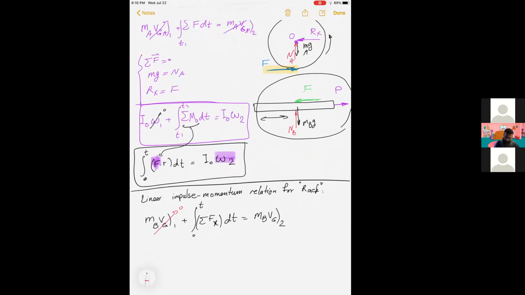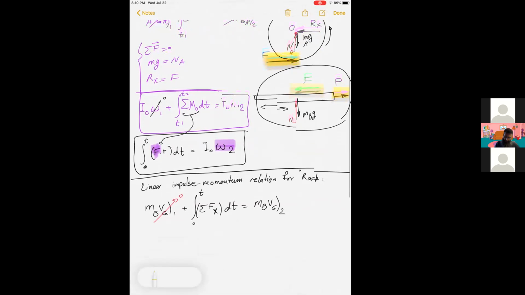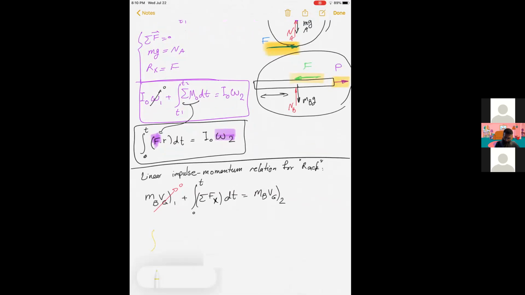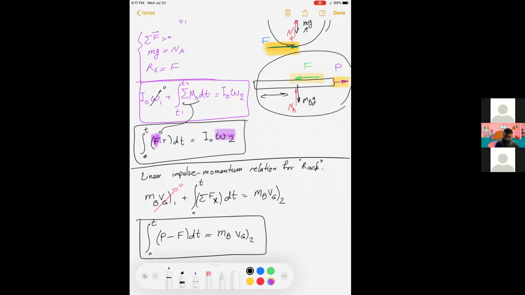If you look at the forces in the x direction, what forces do we have in the x direction? You have F, which is the action of this F, and you have P. So if I rewrite this, I will have the integration from 0 to t of (P minus F) dt equals m_B vG2. Second equation. I already had two unknowns.